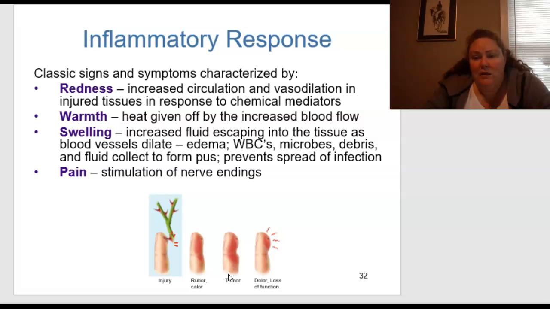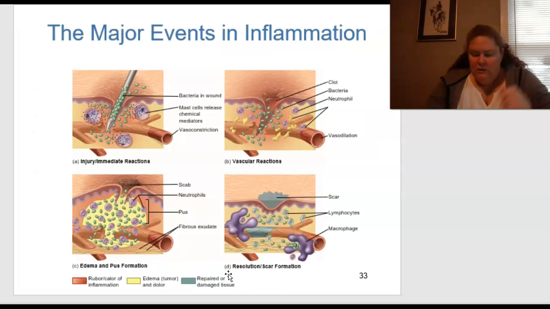Then also the pain, where you're stimulating the nociceptors, or the nerve endings that are sensitive to pain.